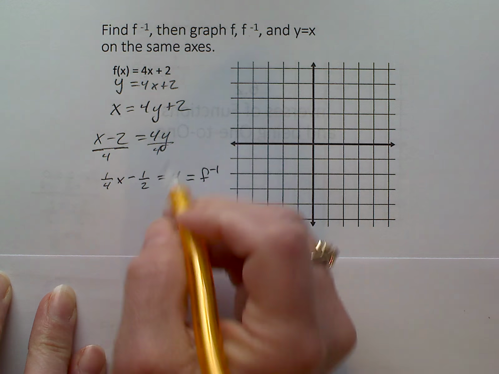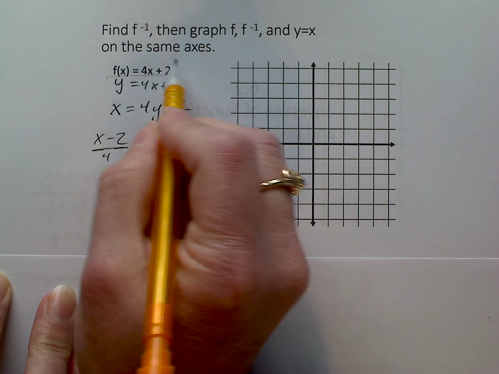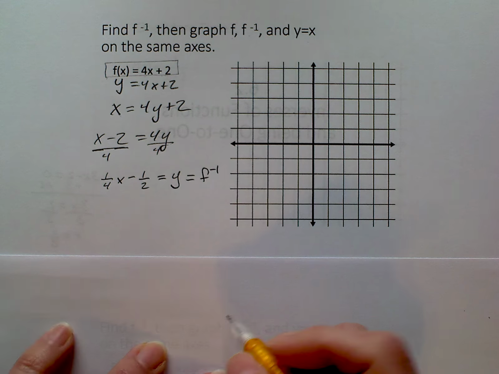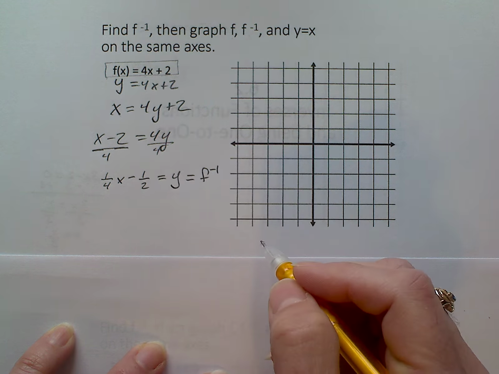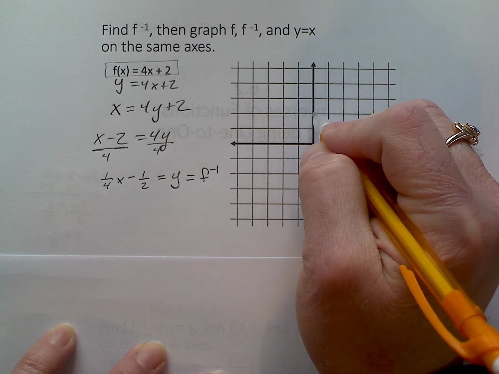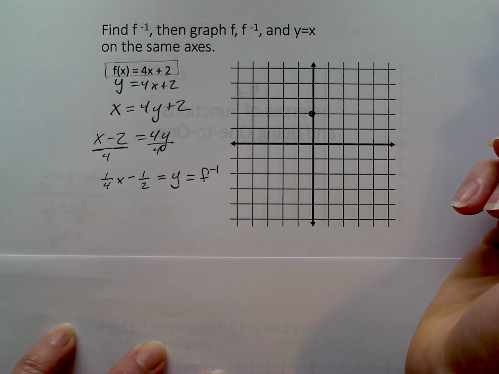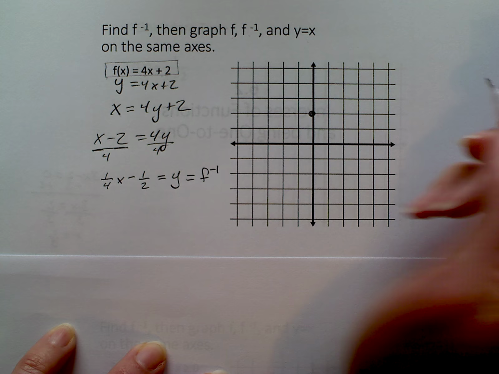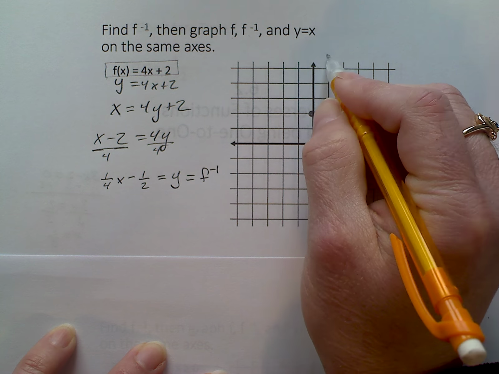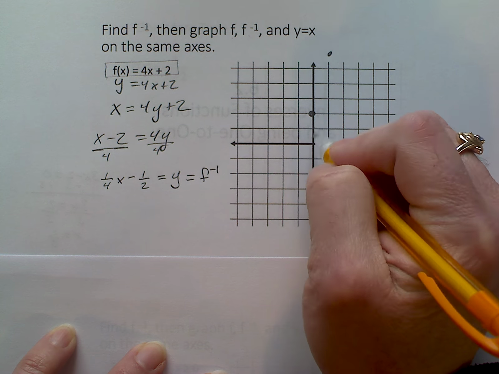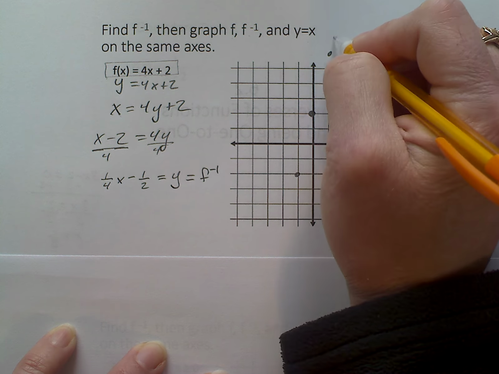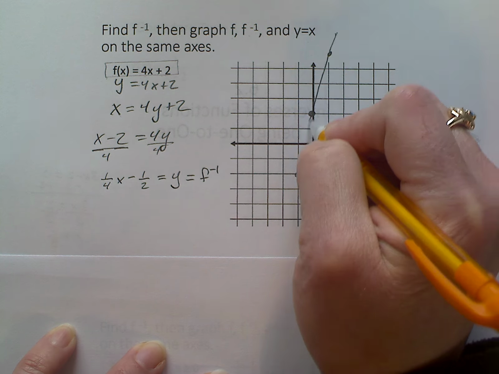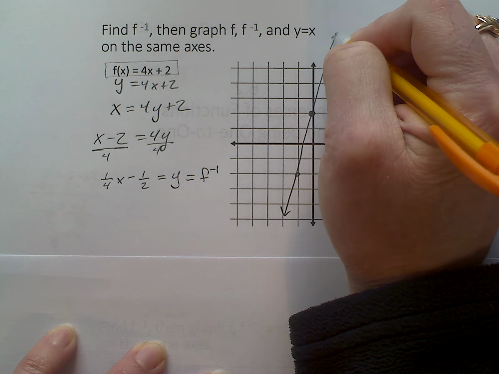So our original equation, f, do you know what that looks like? It's a line. It goes through 2, and then where do I go? Up 4 over 1, or I could even go down 4 and over 1, and I can make a nice line. Somebody get a ruler.